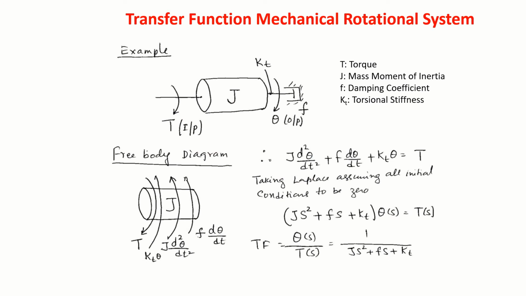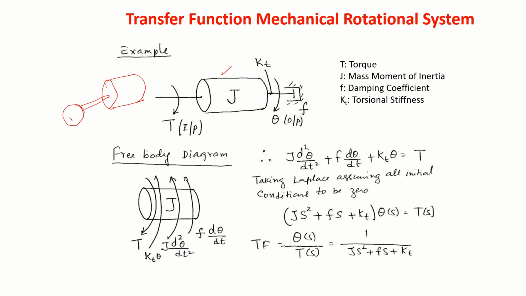Next, let us look at how to do it for a rotational system. Imagine you're rotating something, a drum you are rotating. To this drum is connected, let us say, a shaft.